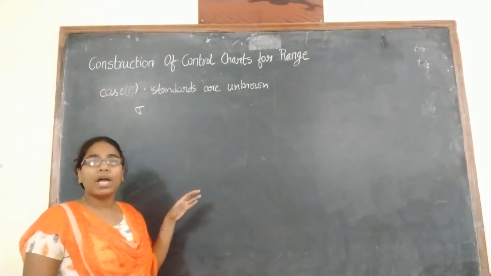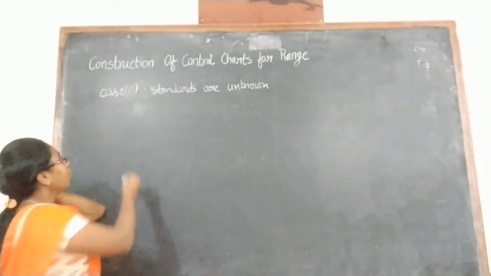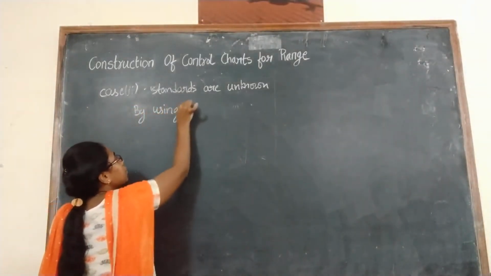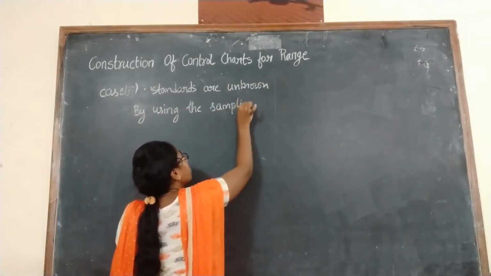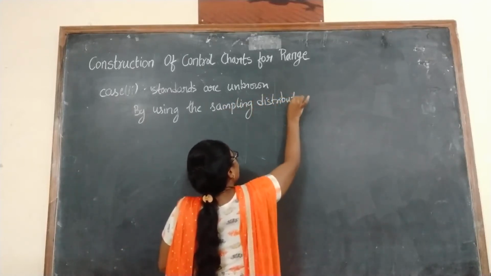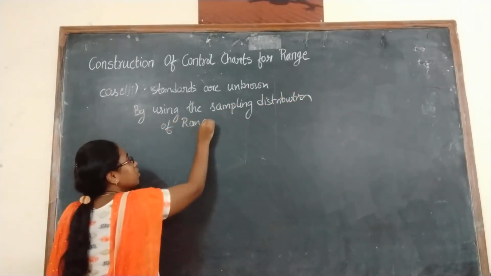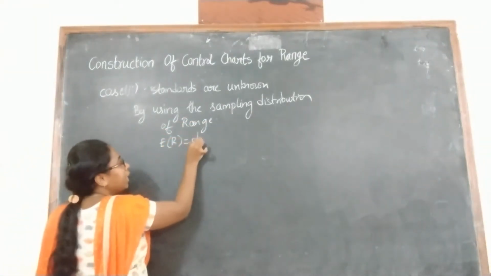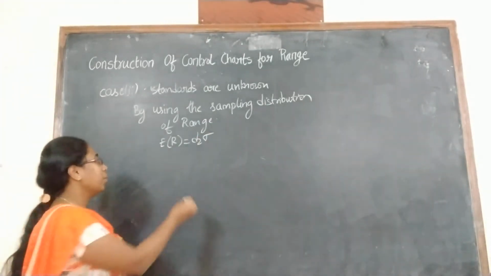This sigma value can be estimated by using the sampling distribution of the sample range. We know that expectation of range equals d2 sigma. So from this value we can estimate the sigma value.